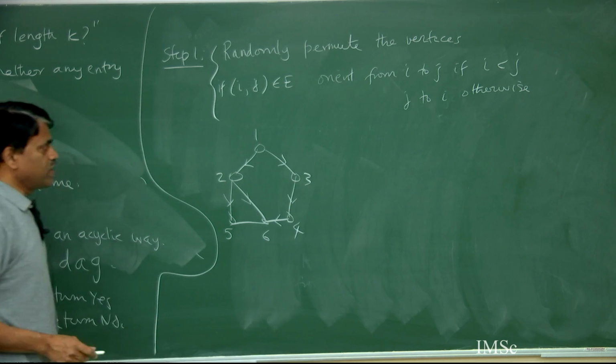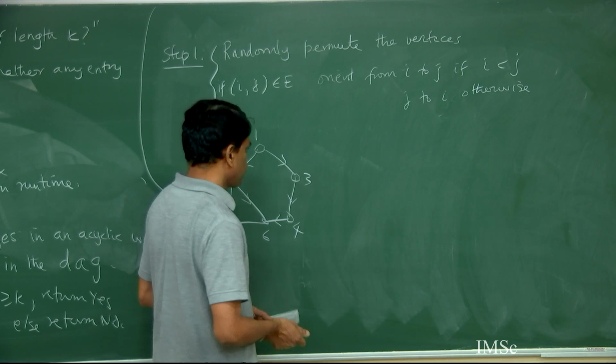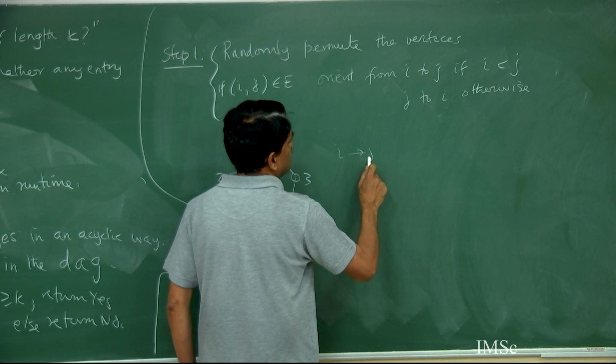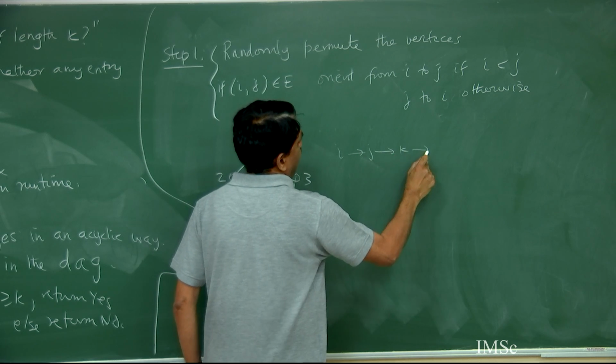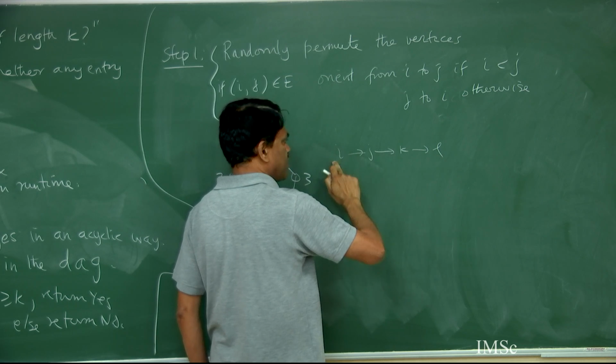That is a random orientation, and clearly it is an acyclic orientation, right, because edges are going from smaller vertices to larger vertices. So, you can't have a cycle here, because if there is a cycle, then i is less than j is less than k is less than l, then i is less than l.